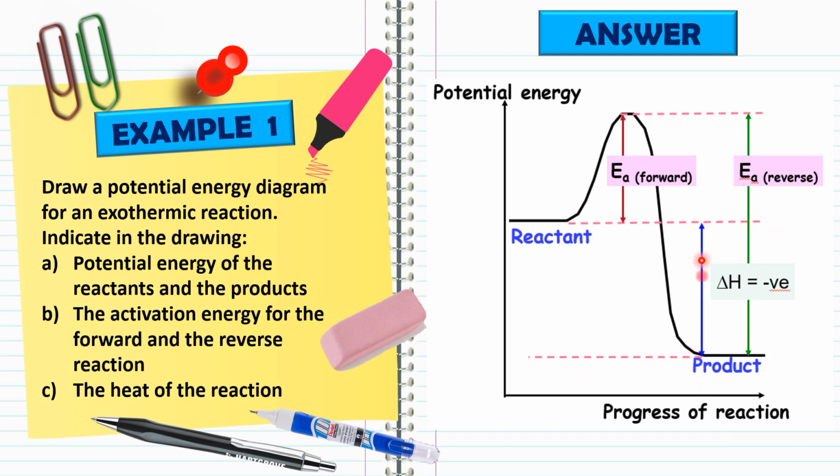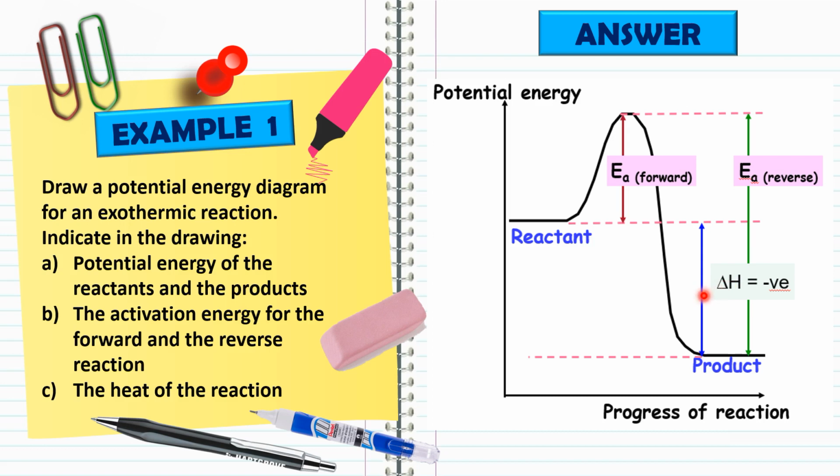You have to draw the arrow for the difference between the potential energy of the product and the reactant. This is referred to as the delta H. The blue arrow here is delta H, and you have to label it negative: delta H equal to negative, because this is an exothermic reaction.